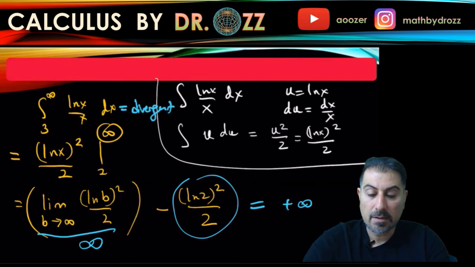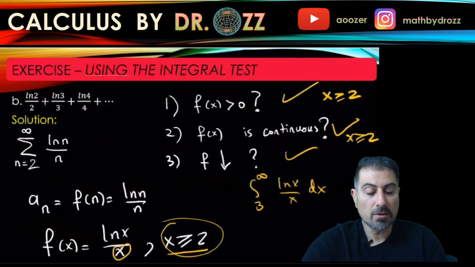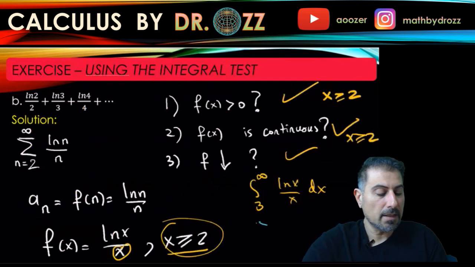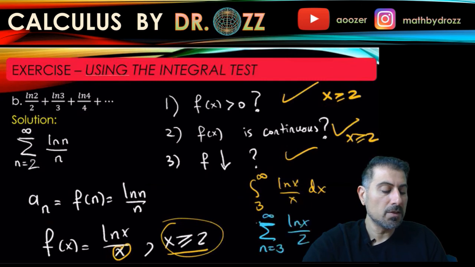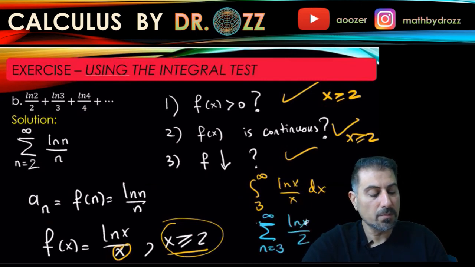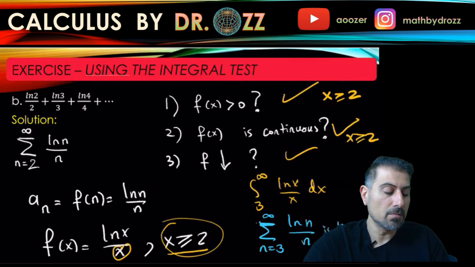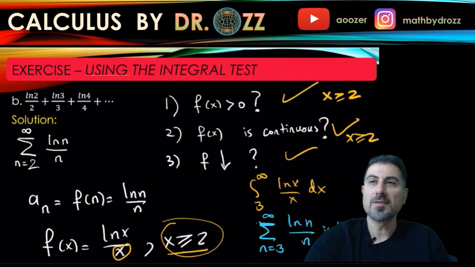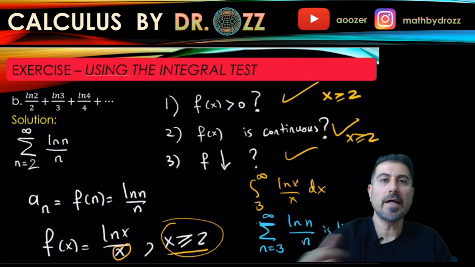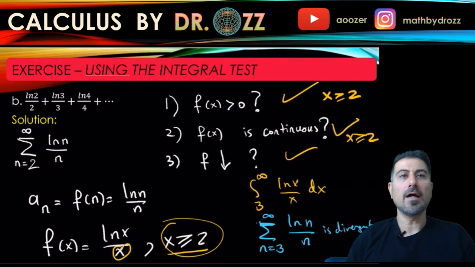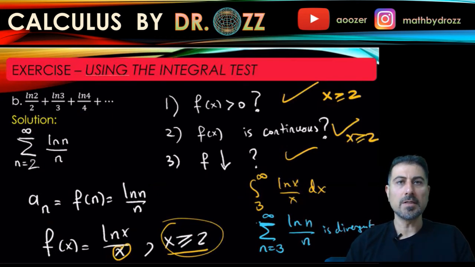I can go back to the description here and conclude that this series starting from n equals 3 is divergent. And if I start this sum from 2, that's still going to be divergent because it's me adding one extra term into the game.